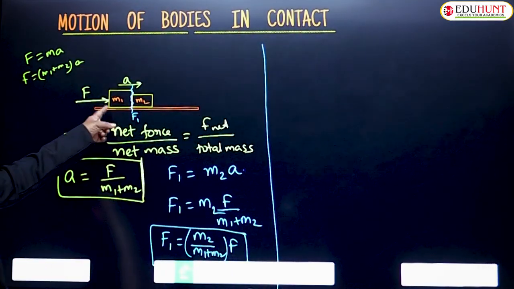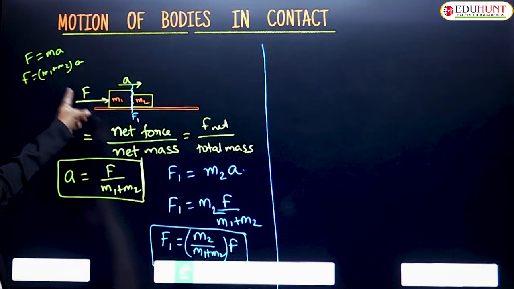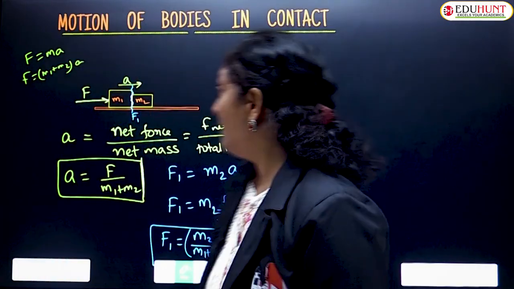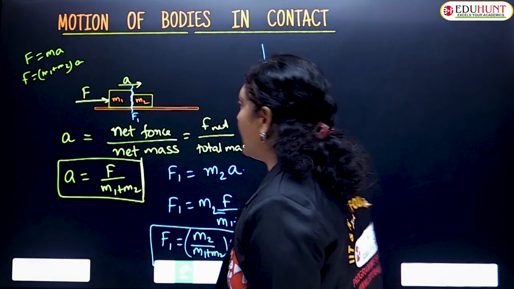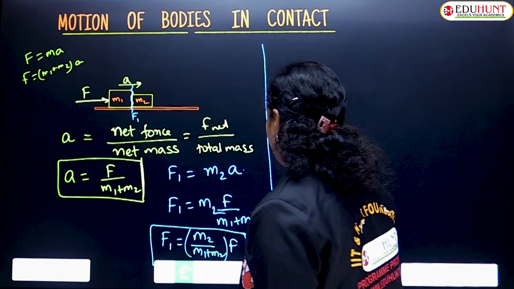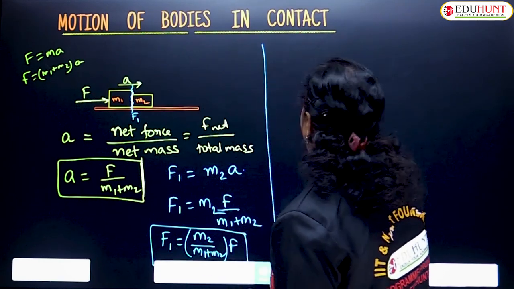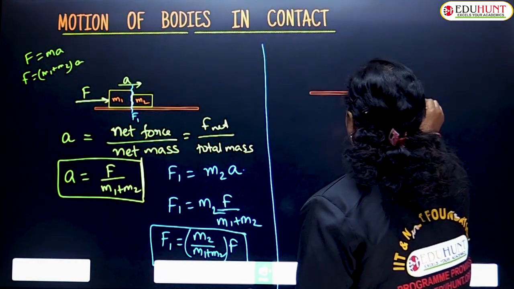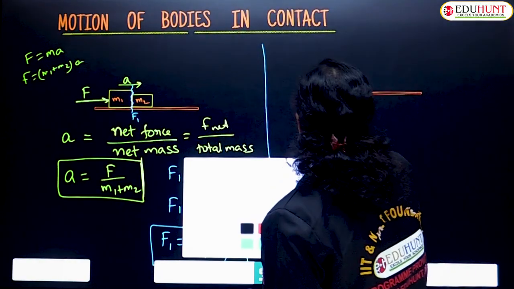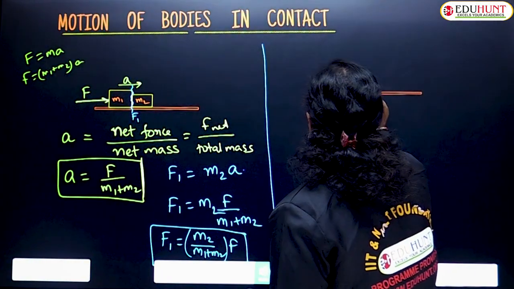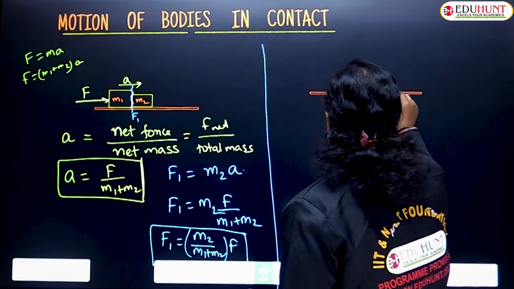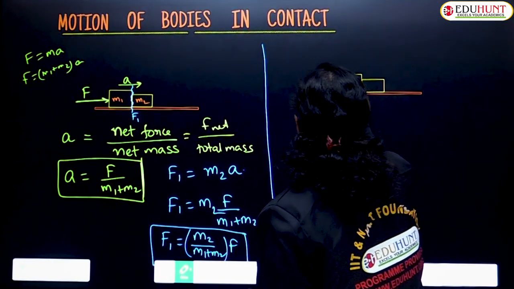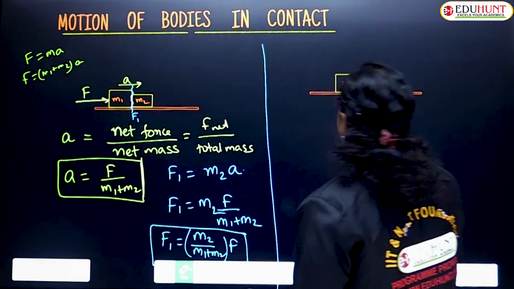Okay, same case, let us consider another example. In the first example, we applied some force on mass M1. Now, let us suppose that a force F is applied on mass M2 and try to understand what will happen. Again, let us consider a smooth horizontal surface on which two blocks of masses M1 and M2 are kept. Let the mass of this body be M1 and here the mass be M2.